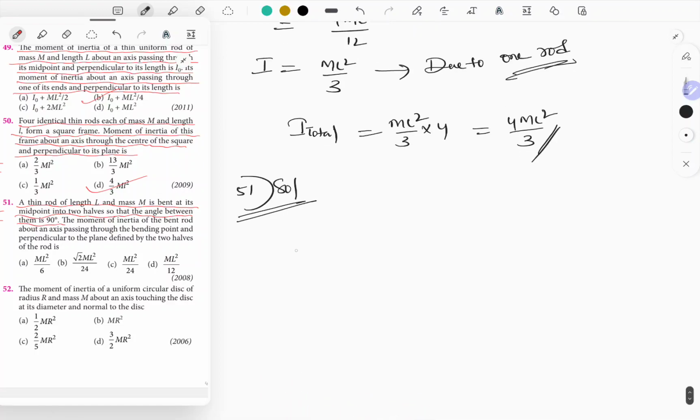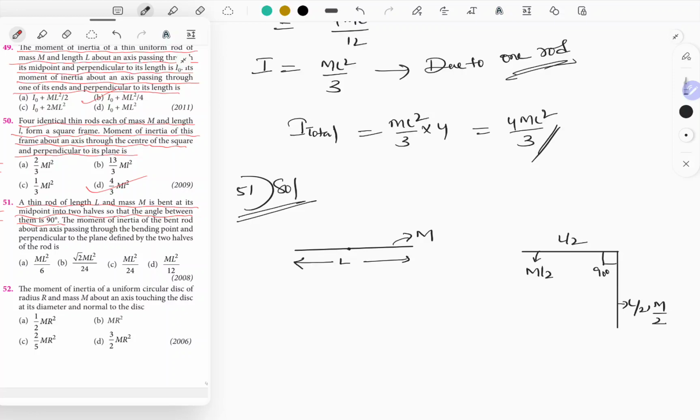Okay, let me consider this is how the original rod is, length L, mass capital M. Now this length is divided into two equal parts, because it is bent at the center in the format of an L, where the halves are perpendicular to each other. So length is L by 2, and now mass is going to be M by 2, right? So length L by 2 and mass M by 2.